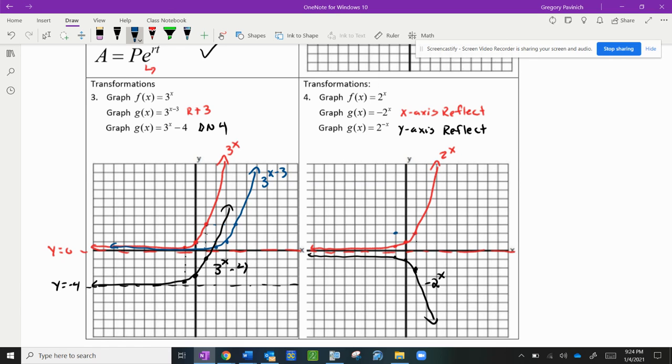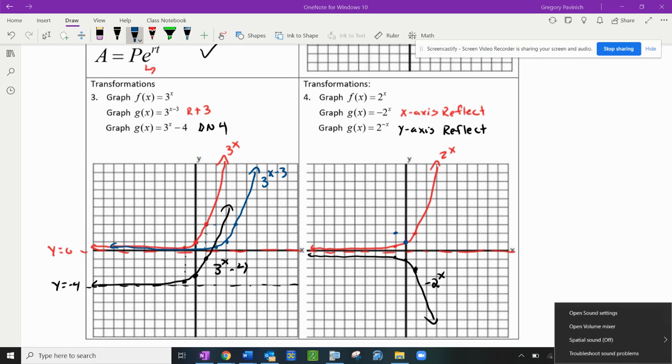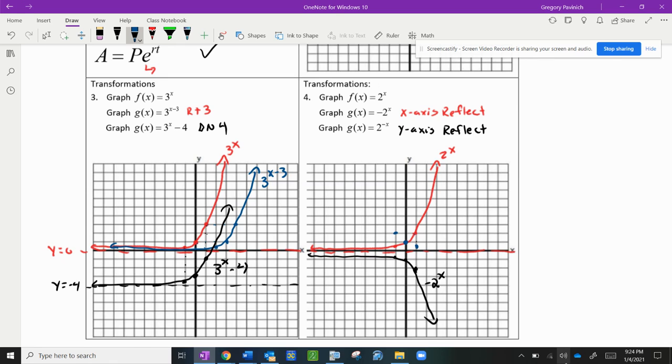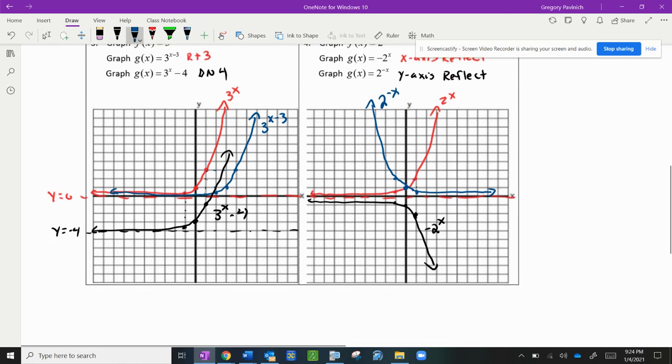So that comes over to this side. My 0, 1 is on the reflection line, so it stays. And then my 1, 1/2 becomes -1, 1/2. And there's my decay function of 2 to the -x.